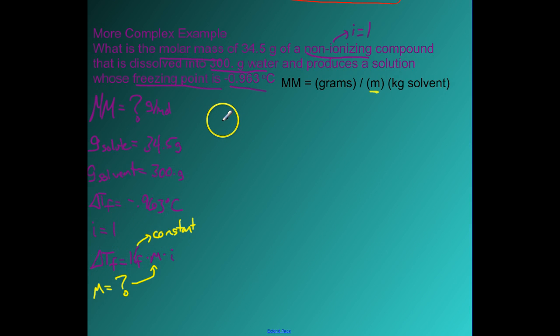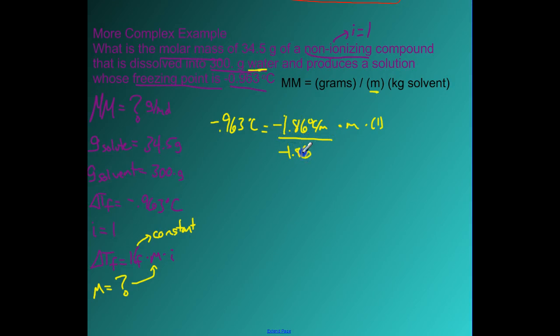So I'm going to substitute in here. My delta TF is negative 0.963 degrees Celsius, which is equivalent to my KF, so the freezing point constant of water, which we know to be negative 1.86 degrees Celsius per mole, times the molality, times i, which is just 1. I'm going to solve for the molality by dividing each side by the negative 1.86.